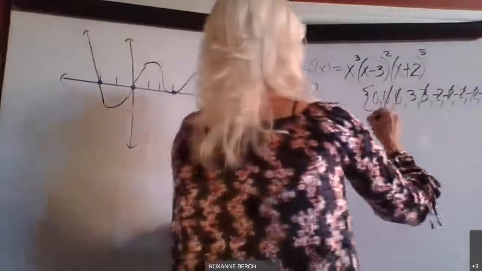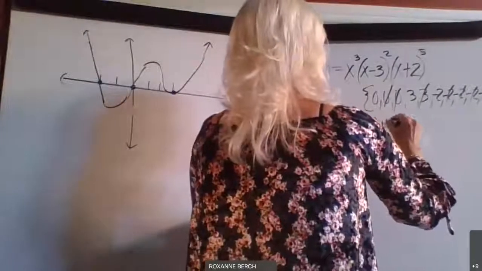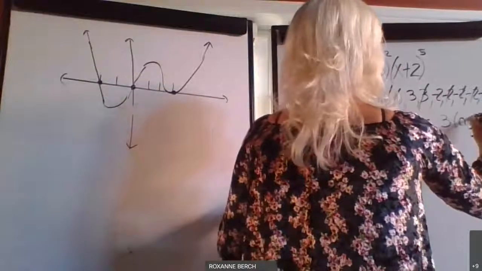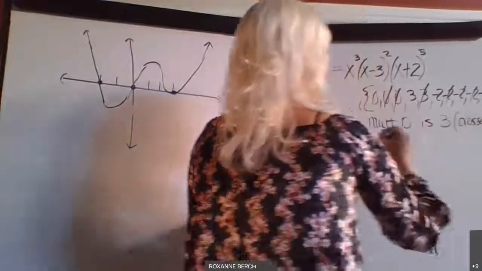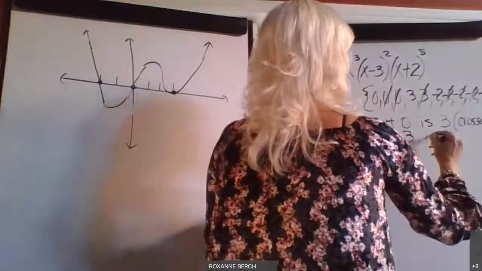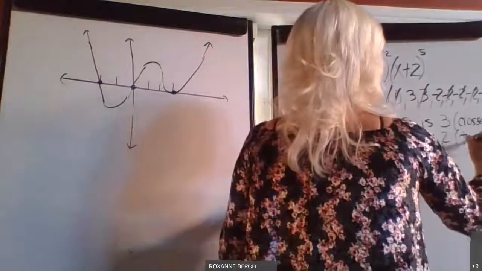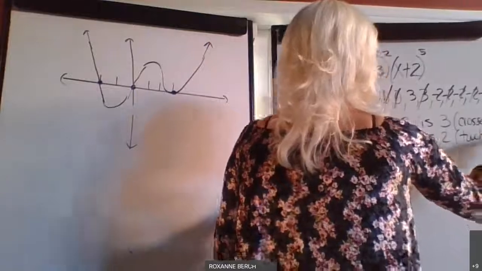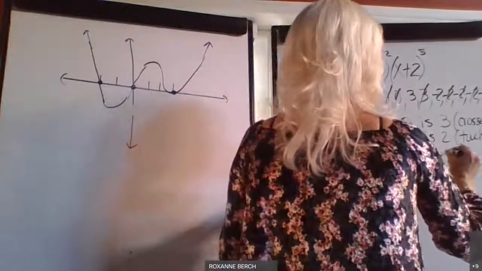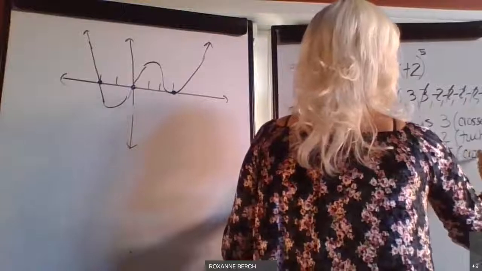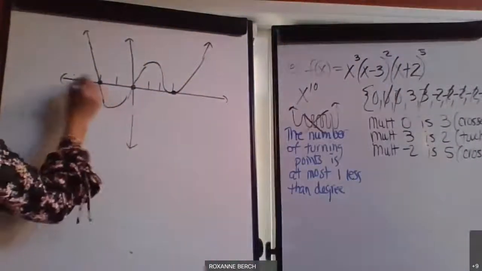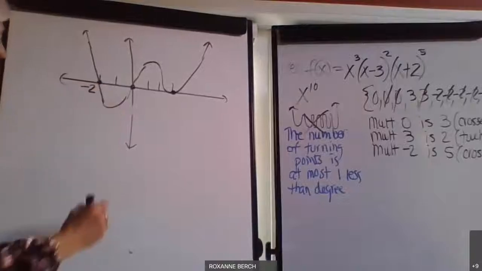Now, let's write this out. The multiplicity of 0 is 3, which means it crosses. The multiplicity of 3 is 2, which means it touches and turns. And the multiplicity of negative 2 is 5, which means it crosses. So that's why the first point we saw was negative 2.